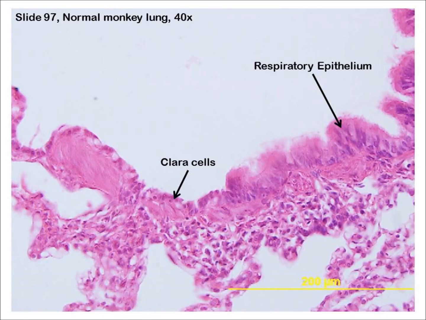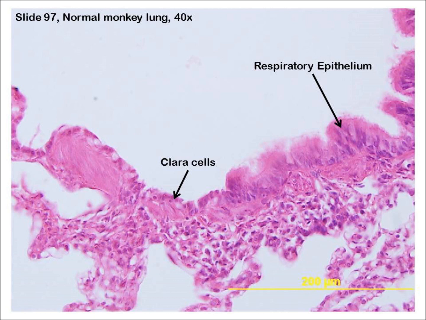Next, examine the bronchiole that is on the convex side of the cartilage, that is on the left, under higher magnification. Follow the respiratory epithelium along and observe that the cells transition from a thick columnar to a simple, that is a single, cuboidal layer.